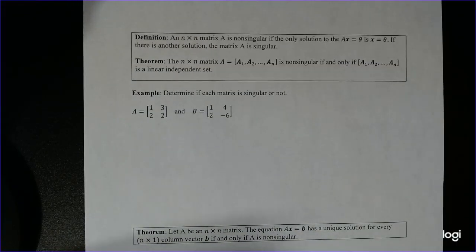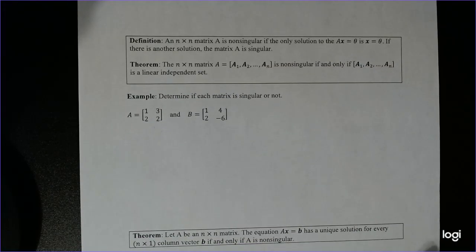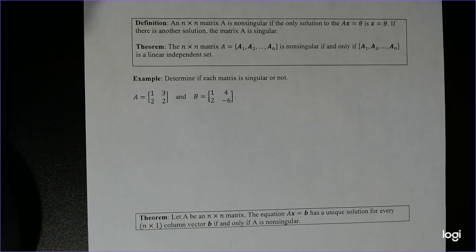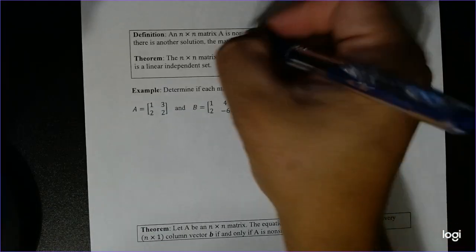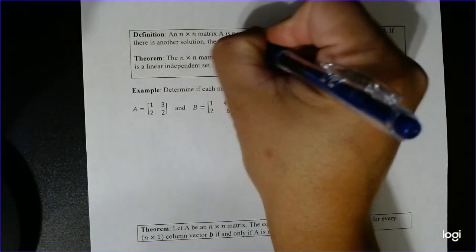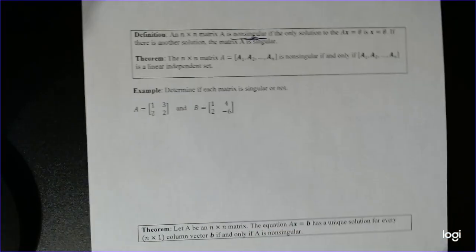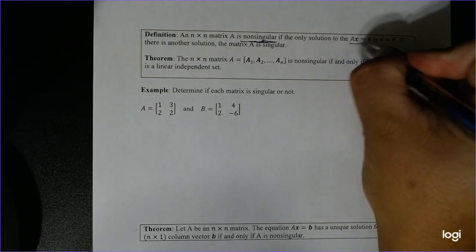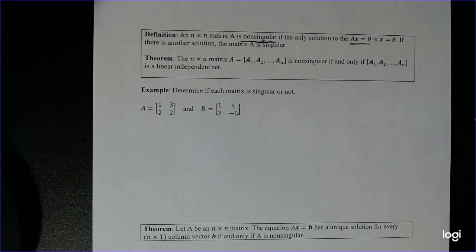All right. Fun little definitions and theorems here. So if we have an n by n matrix A, it's something called non-singular. So it's a square matrix. So any square matrix is called non-singular if the only solution to our homogeneous equation is that the x's are 0.